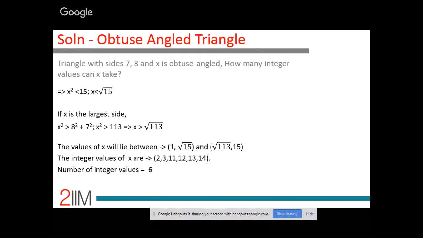The other part: 7 square plus 8 square is less than x square. So 49 plus 64 is 113, less than x square. So x should be more than the square root of 113, starting from 11. So 11, 12, 13, 14. So it could be 2, 3 or 11, 12, 13, 14: 6 different values for x.